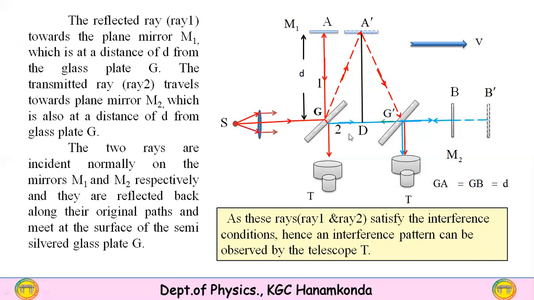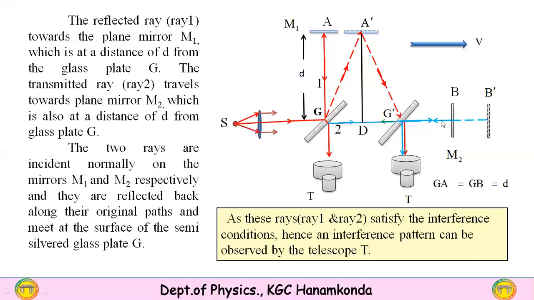Let us see. The reflected ray, ray 1, moves towards plane mirror M1, is incident on M1 and comes back to glass plate G, as we discussed earlier.